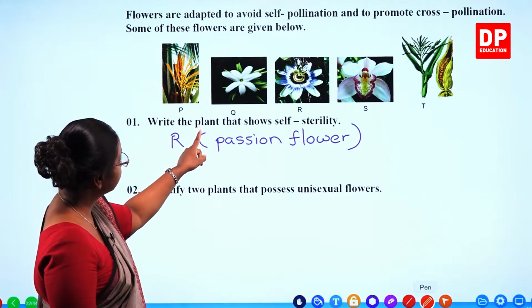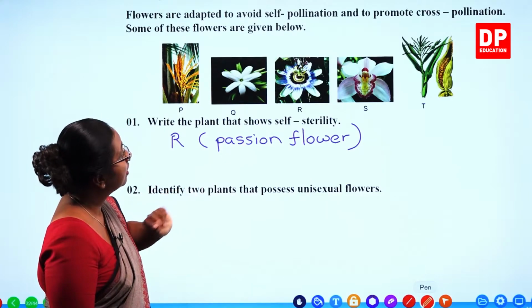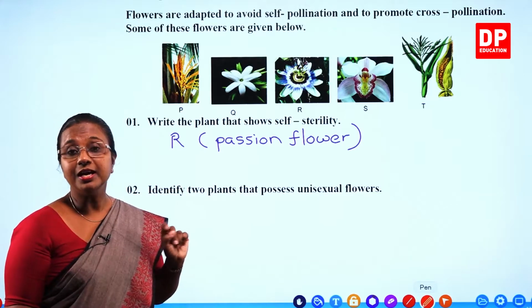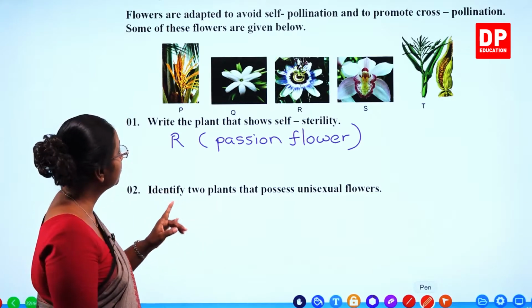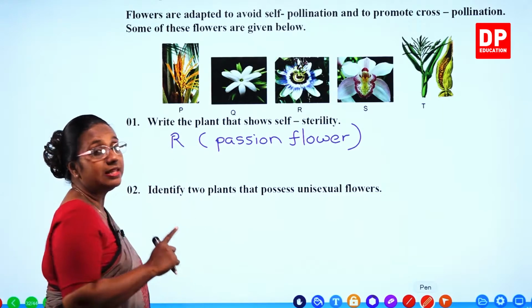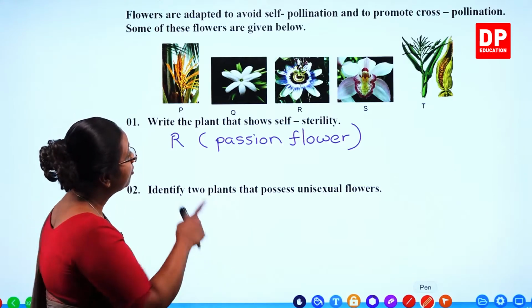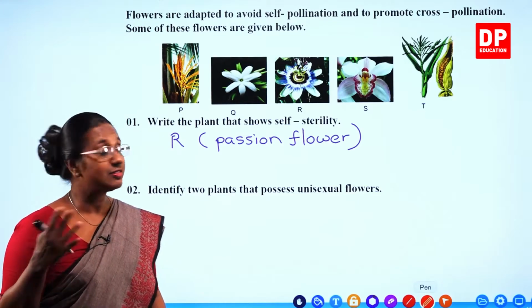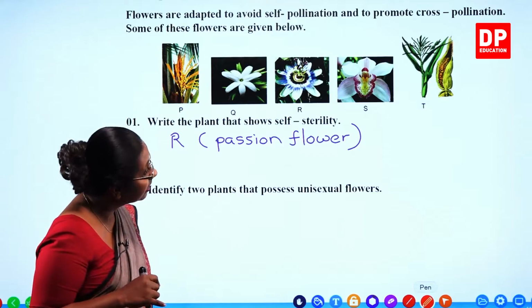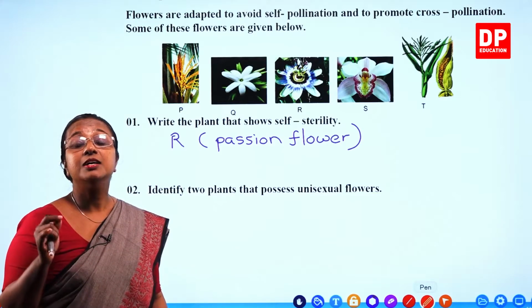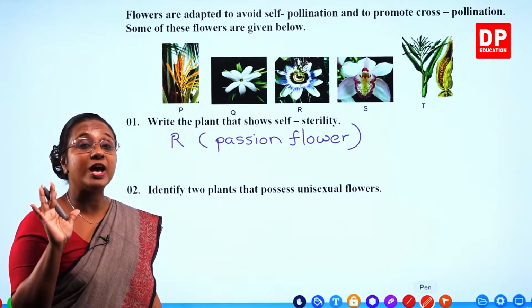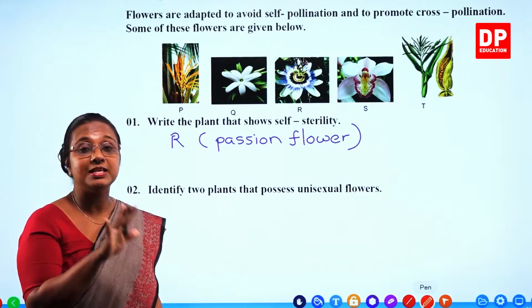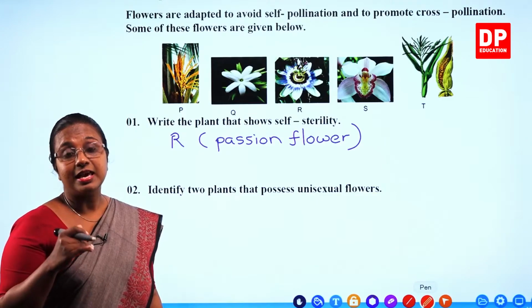But jasmine, passion fruit and orchid all have bisexual flowers. In jasmine there is extrostamens, whereas in passion fruit there is self-sterility, and in orchid there is hercogamy. Those are different adaptations in flowers where there are both the pistil and the stamen.